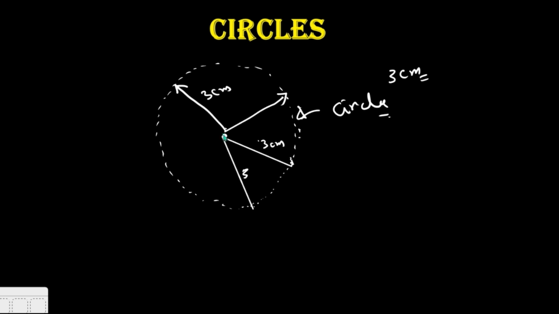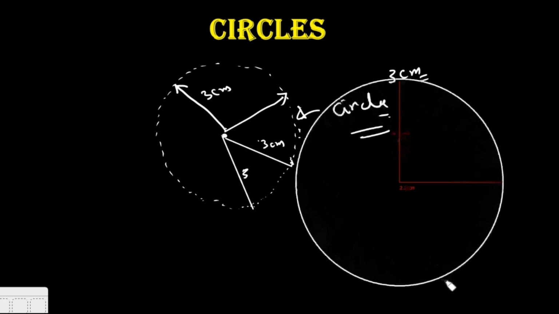This fixed point is the center, and all the points we are connecting have the fixed distance from the fixed point. Then that is called a circle. This may be 3 centimeters, 4 centimeters, 5 centimeters or 1 meter, anything. Now I'm drawing a circle, you see. When I touch here, this is the fixed point, and I'm connecting all the points. These are circles.